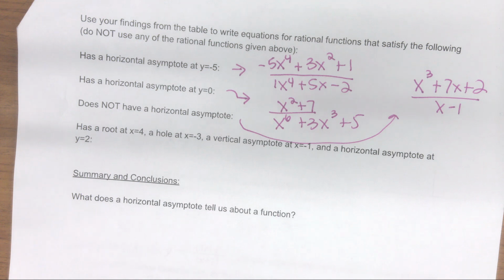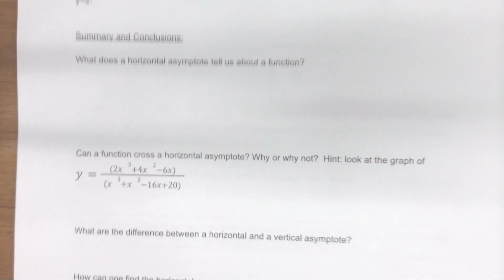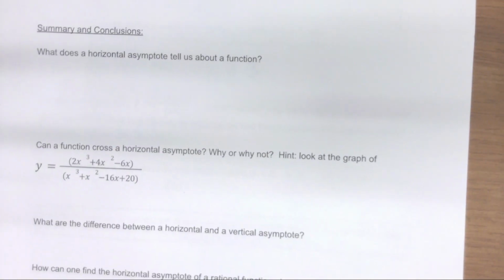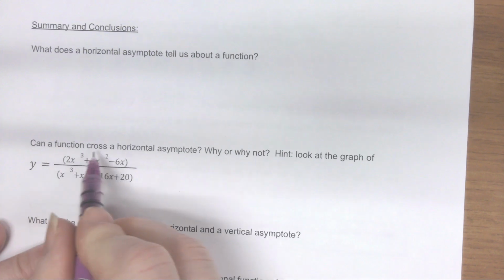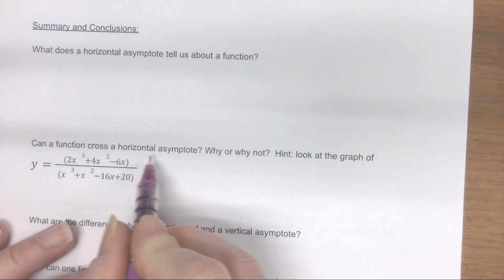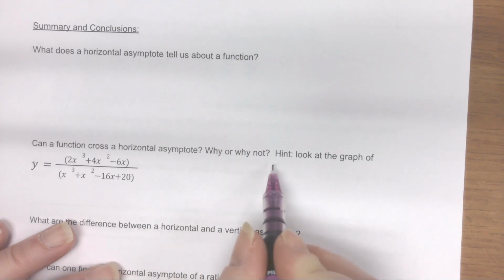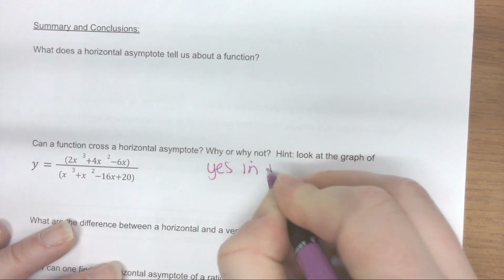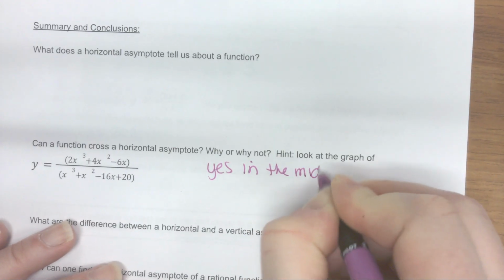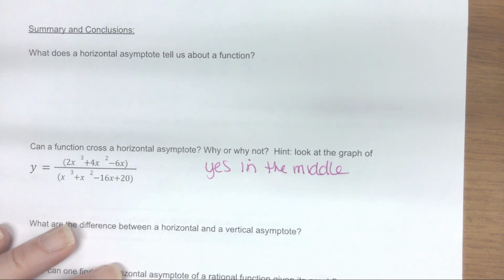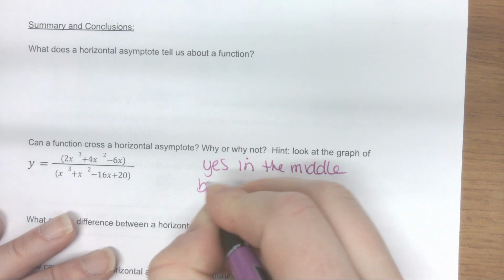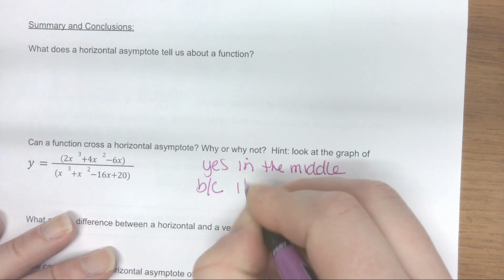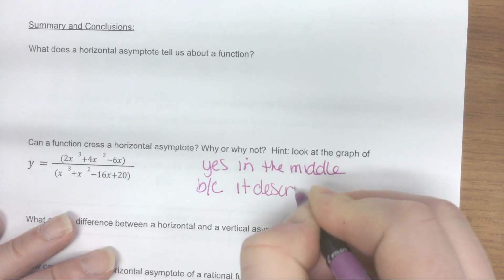So in looking at the little part on the back then, can a function cross a horizontal asymptote, why or why not? Yes, in the middle. And the reason why is because it describes the ends of the graph.